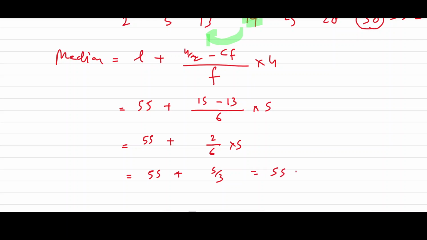Now 55, then this will be 1.66, because 1 by 3 is non-terminating, so this will be 56.67. Okay, so we should write here 56.67. This will be the answer, the median.